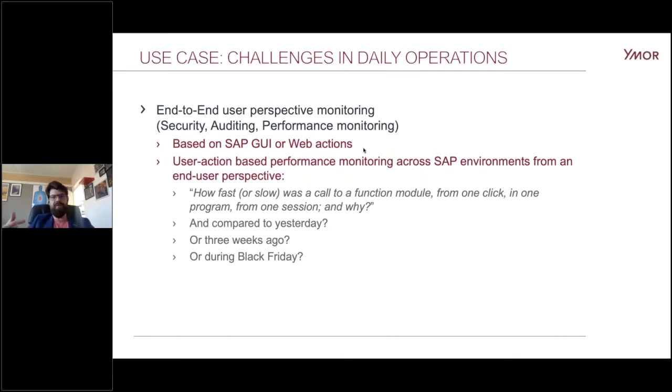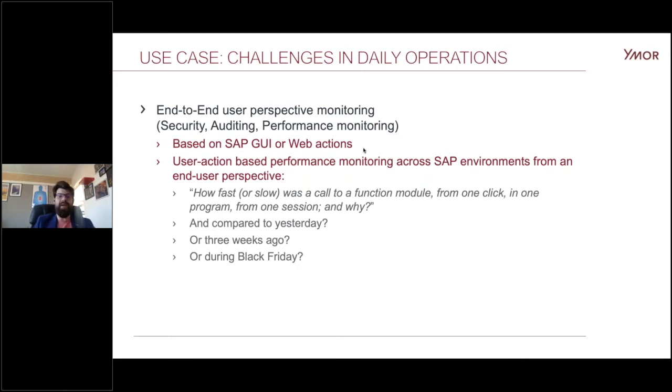We can also see if certain function modules are being called from certain user actions, and then all of a sudden you can answer things like, how is my system performing? Why is this call to this function module slow today, but it wasn't yesterday? Who else is using it? Do other users also have problems with it?